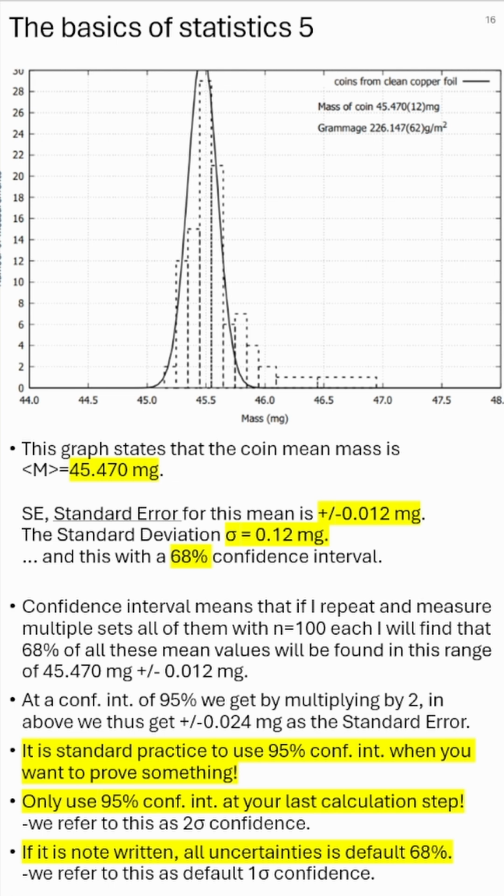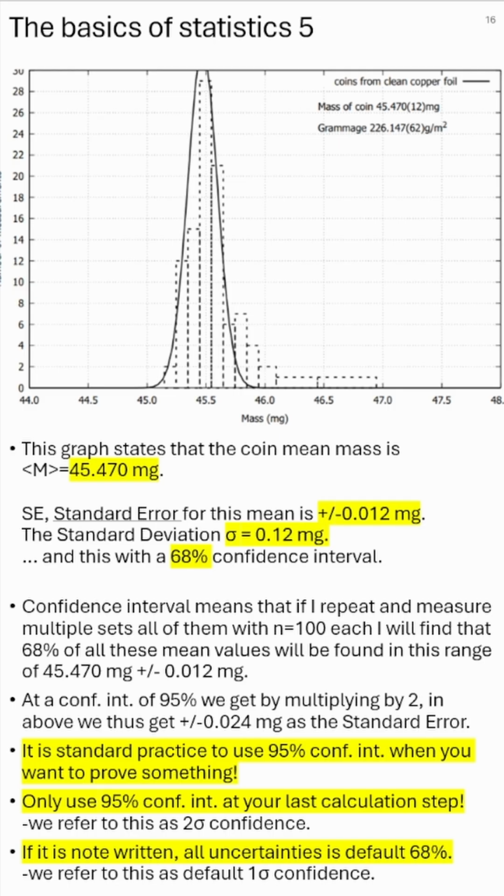But you should only use the 95% confidence interval in your last calculation step, because otherwise, if you have many intermediate steps, it becomes a factor of 2 multiplied by a factor of 2, and that is the wrong way of doing it. It's only in the end you add 2 sigma confidence, as we say it, 95% confidence interval.